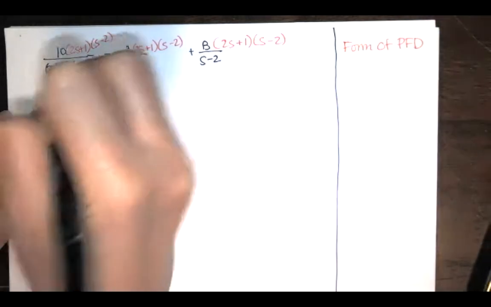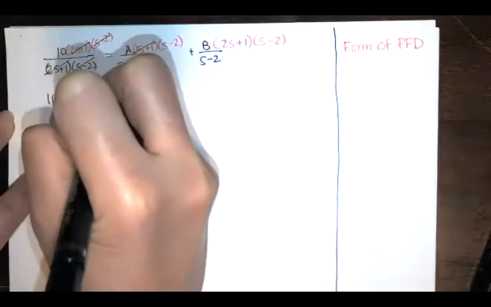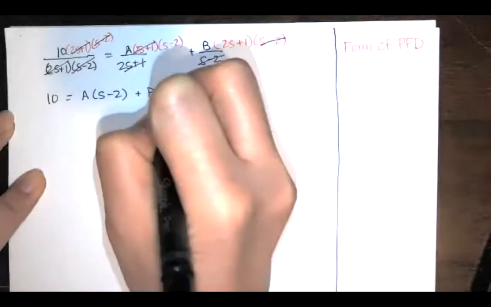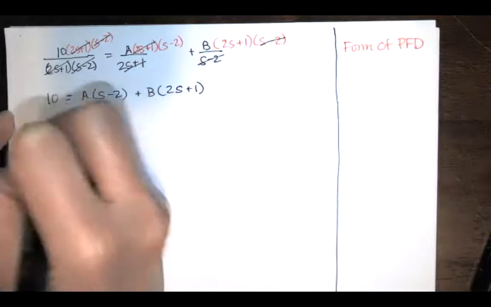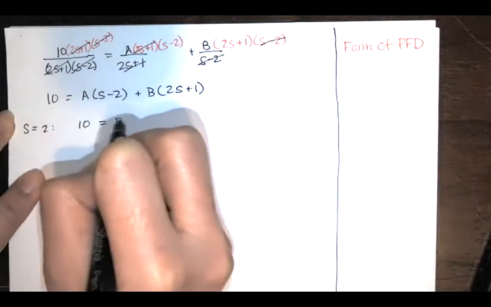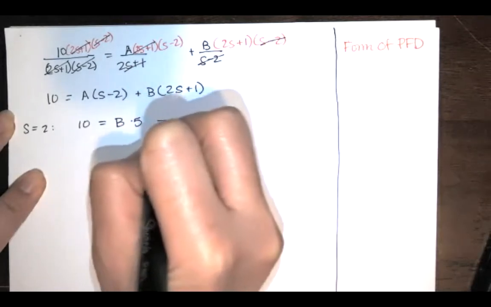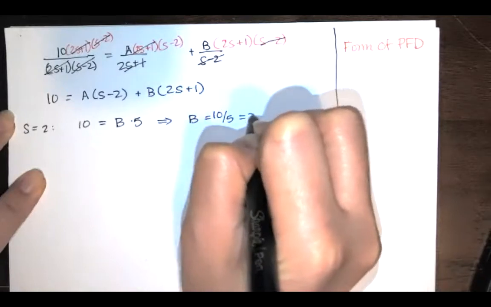And then we do this. These guys reduce, we just get 10 equals this. It's a times s minus 2 plus b times, these guys reduce, the quantity 2s plus 1. So we let s equal 2, that'll make this 0. So we'll have 10 equals b times, 2 times 2 is 4, 4 plus 1 is 5. So b is equal to 10 divided by 5, which is 2.